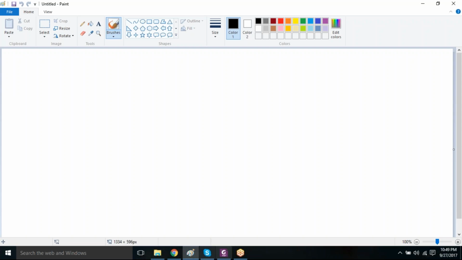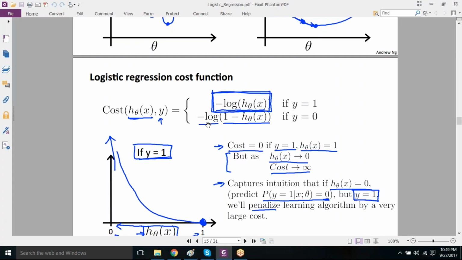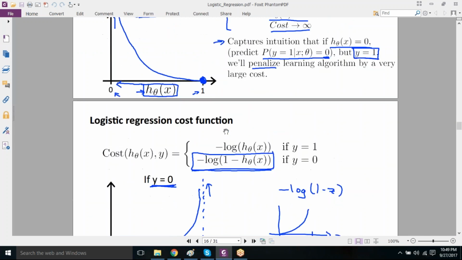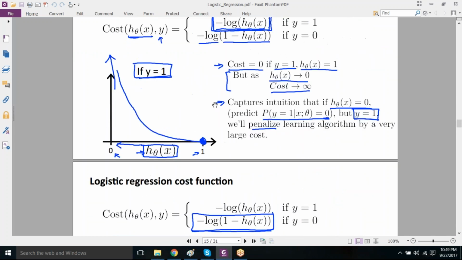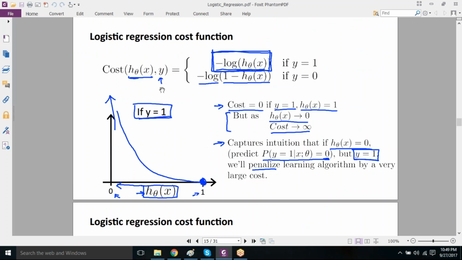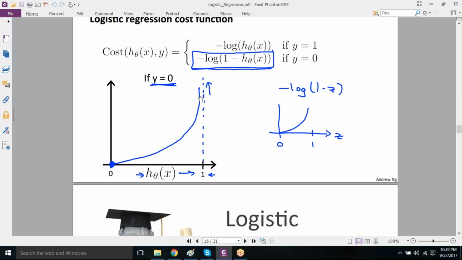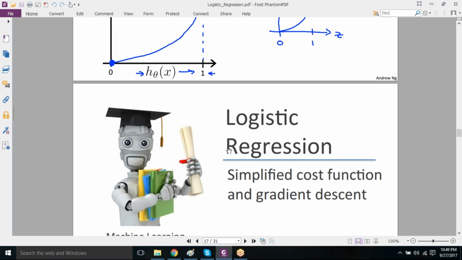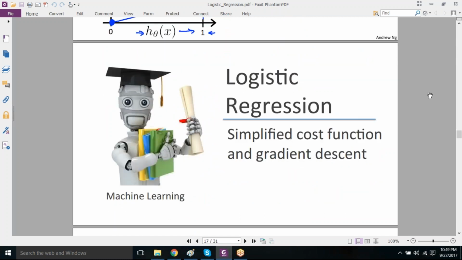So we have also seen the cost function, the error function for this, right? When y equal to 1, you will get this slant. For y equal to 0, you will get this slant. Now what is this written?